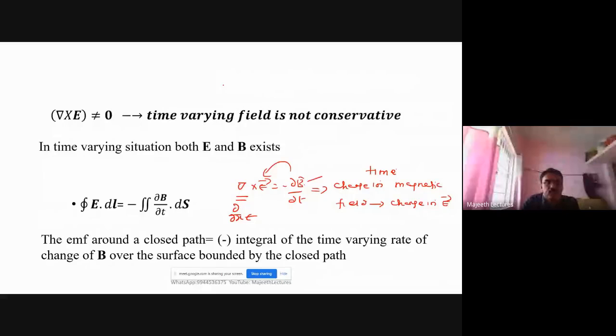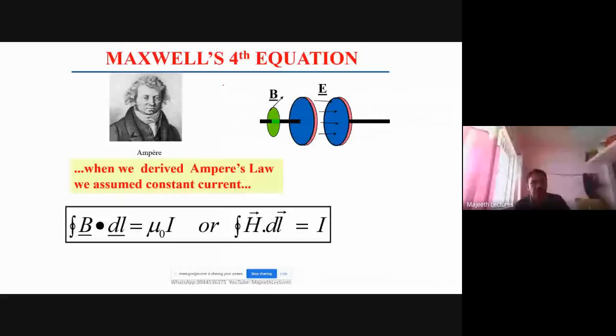Next, the fourth equation is the modified Ampere circuital law. This is Maxwell's fourth equation. What is Ampere circuital law? Del cross H is equal to J, where J is equal to sigma E. We must remember, right? This we have studied in electron devices itself.